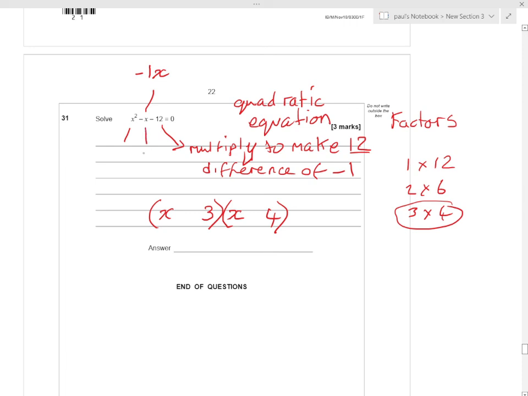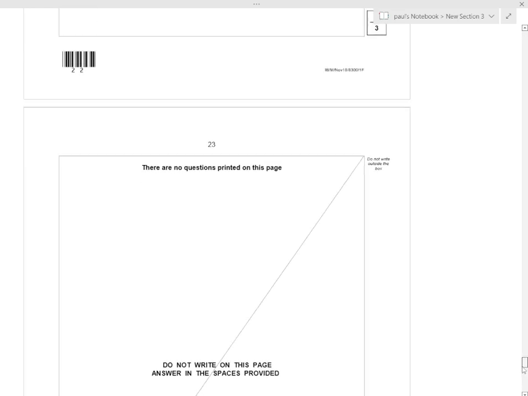In the middle we have minus x, so we've got to have these two numbers, one take away the other, to give you -1. So we're going to have +3 and -4. Now when you find out the value of x, you reverse the sign. So x equals -3 and +4.